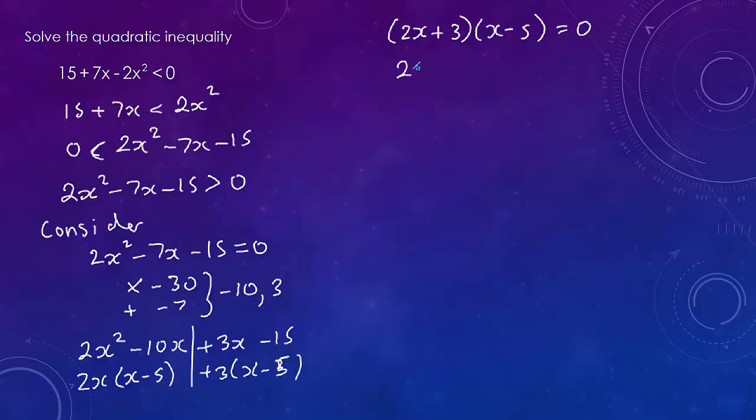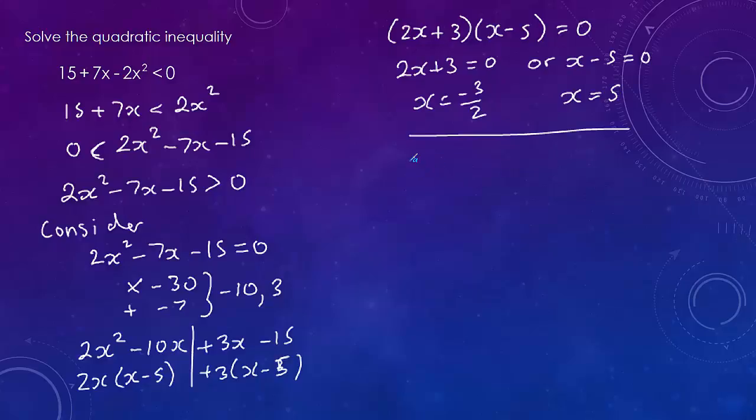So 2x plus 3 is equal to 0, or x minus 5 is equal to 0. So this one would give us x is negative 3 over 2. This one gives us x is 5. So that opens up regions for us. So we can look at x to the left of negative 3 over 2.